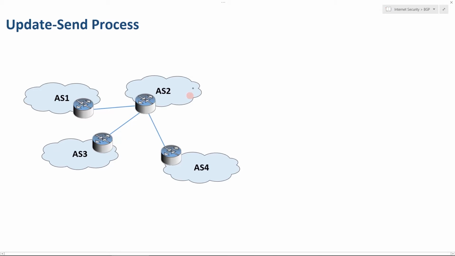For example, here each of them has announced they can reach the destination P. One says, I can reach P through AS1, another says, I can reach P through 3, and the same here. This is my AS path.